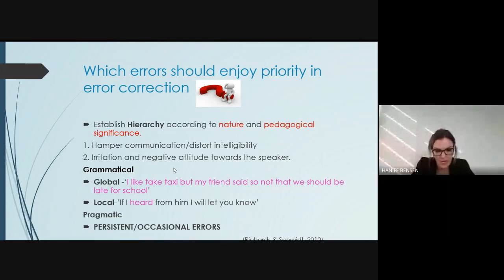In addition to this, we have pragmatic errors.